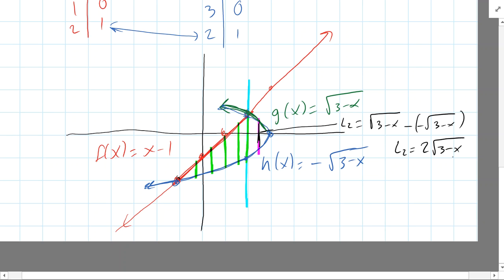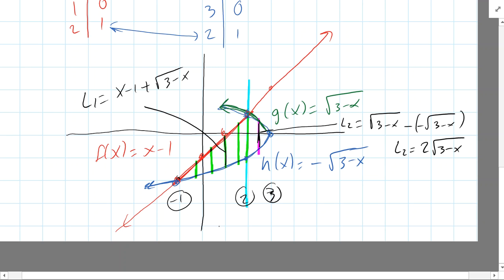Yes? And then on this side, what's L1? The line, x minus 1, minus the lower radical, which means minus the negative, is that plus the square root of 3 minus x. OMG. And what are my limits of integration? For this one, I'm going from -1 to 2. For this one, I'm going from 2 to 3, right? Do y'all see that?